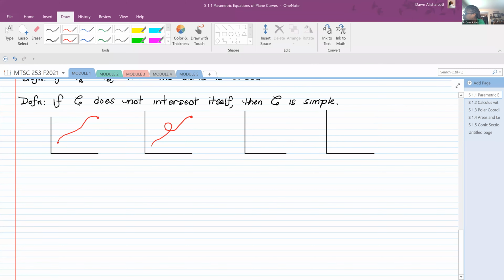Not simple. This is a simple closed curve. And this is a closed curve that's not simple. So this is simple, not simple.